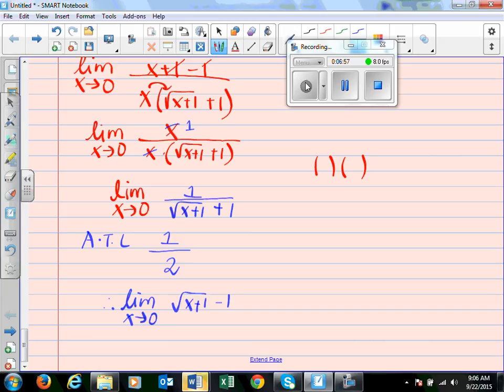After I substitute the 0 in over here, it's 1 divided by square root of 0 plus 1 plus 1. Square root of 0 plus 1 is 1, and 1 plus 1 is 2.